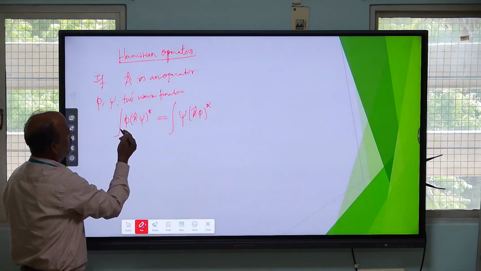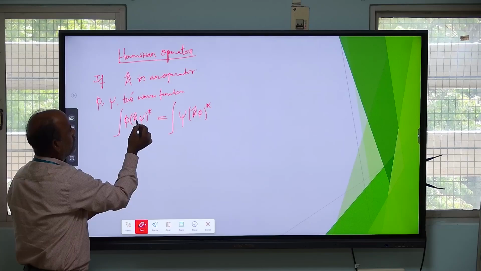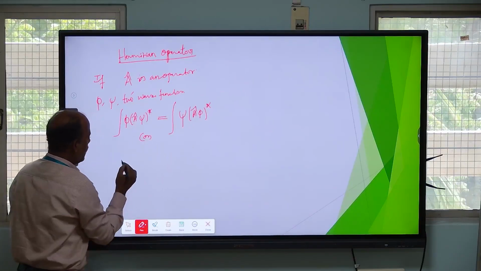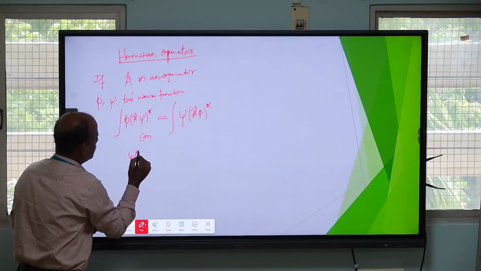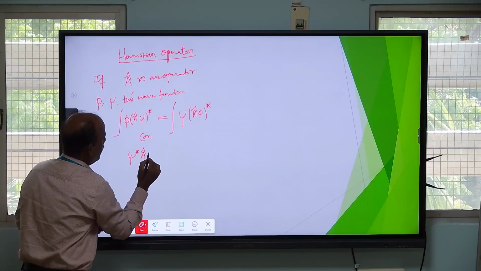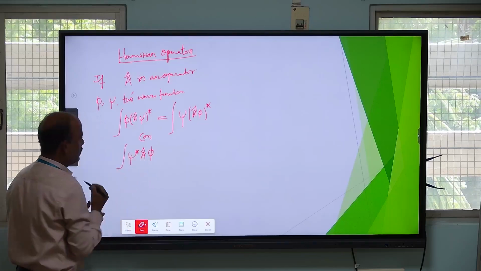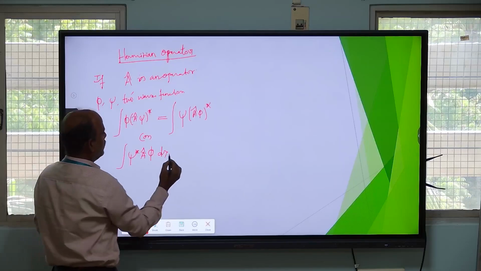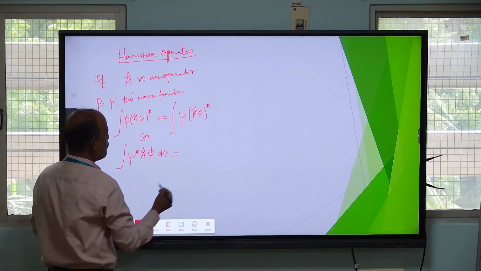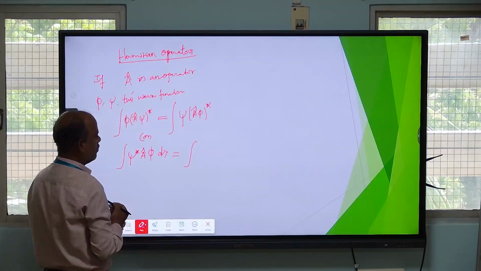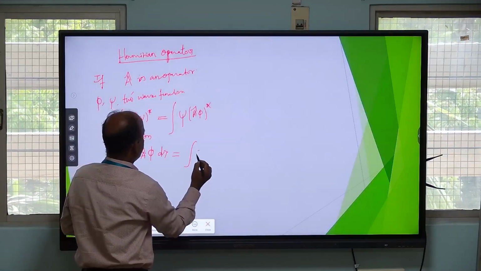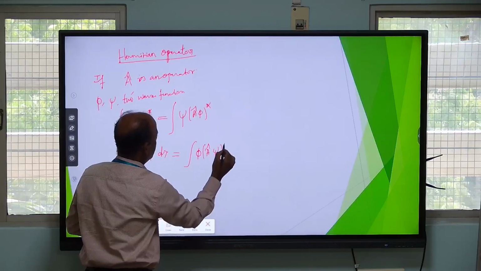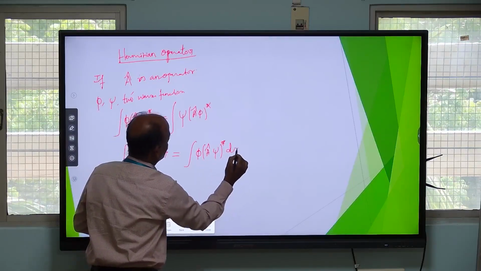So when you integrate the two wave functions using the operator A, we may write it another way also: the integral of psi star A phi d tau should be equal to the integral of phi A psi whole star d tau.